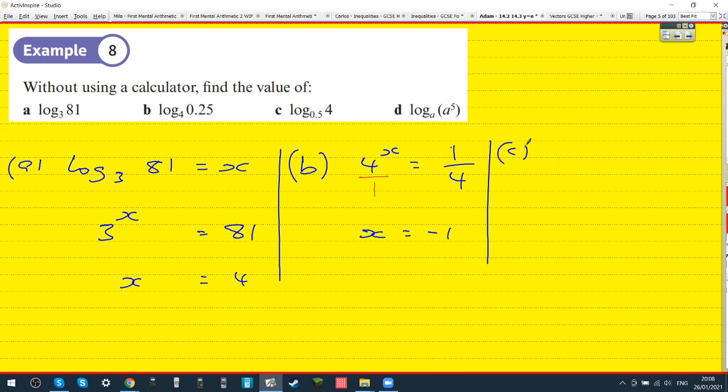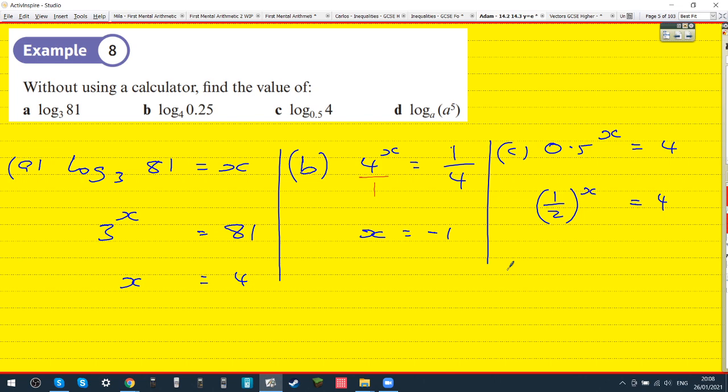C. So it'd be 0.5 to the power of x equals 4. I'm going to write that as a half, so a half to the x equals 4.